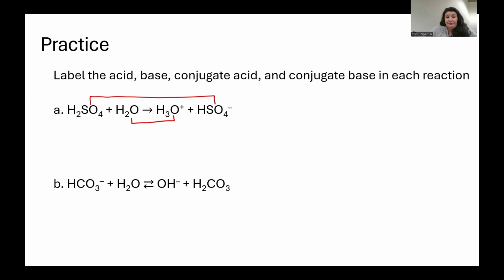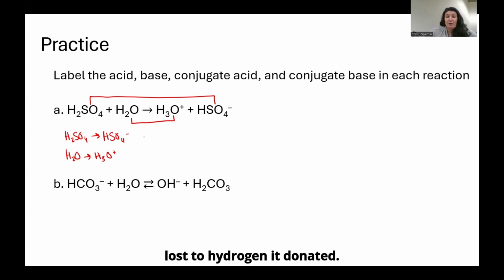We see that H2SO4 went to HSO4 minus, and H2O went to H3O plus. H2SO4, so sulfuric acid, lost a hydrogen. It donated a hydrogen, which means it was the acid.